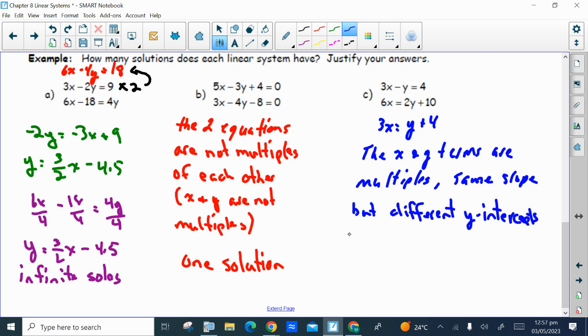So therefore, they are parallel lines, and there's no solution. They will not cross because they are two different lines that are parallel.